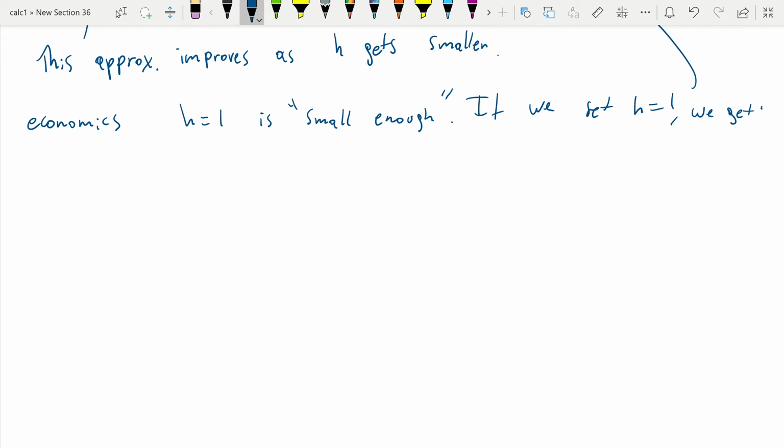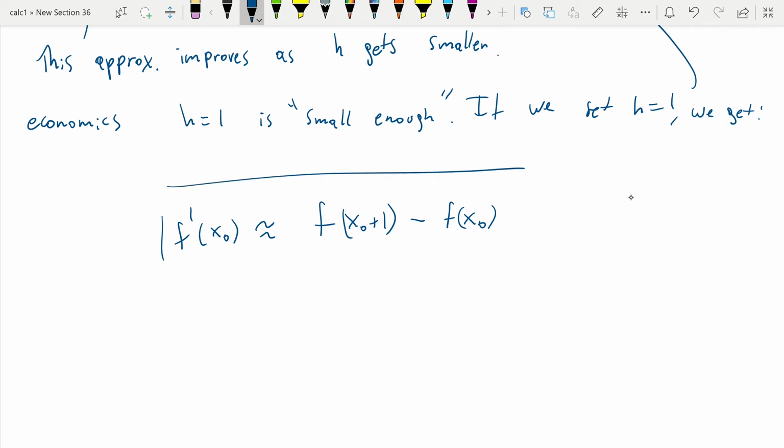We get that f prime of x naught is approximately f of x naught plus 1, minus f of x naught, divided by 1. So we get this expression.